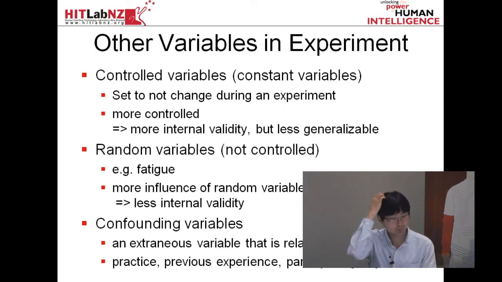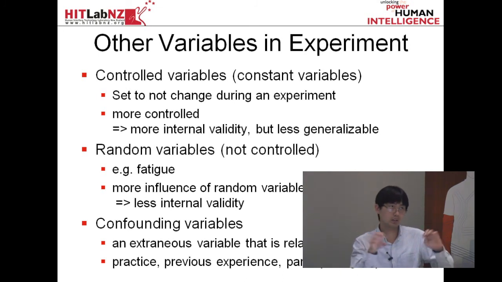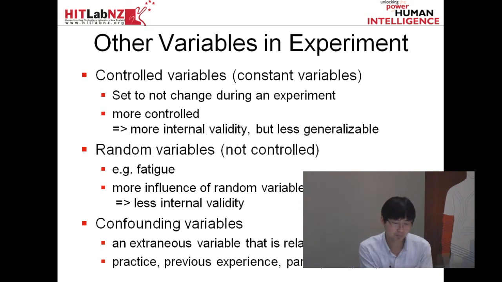So, there are also other types of variables in experiments. Independent variables are the different conditions that you want to compare. Dependent variables are the measures that you are testing to see the difference between the conditions. And there are also other types of variables, which are controlled variables, sometimes also called constant variables.